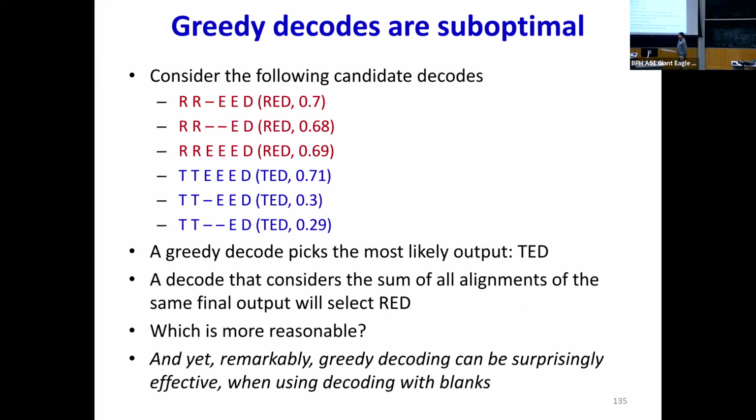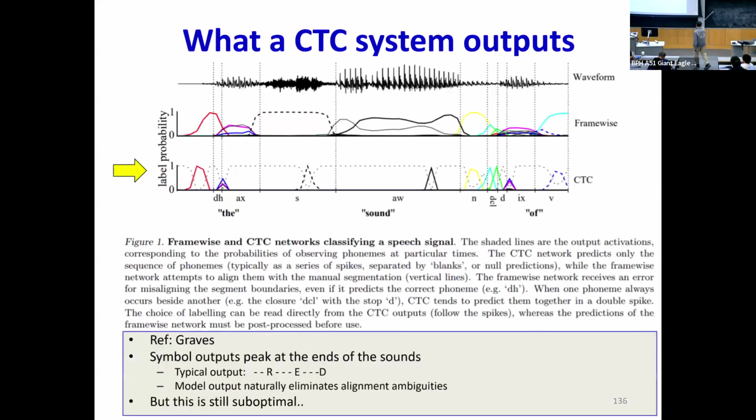Now, as it turns out, greedy decoding still does a very good job for these CTC models, and that has to do with the manner in which they behave. It turns out that for the non-blank symbols, the probabilities typically just peak at transitions when you're going from one symbol to the other. And so, when you're staying within a symbol, it tends to just assign the highest probability to the blank symbol.